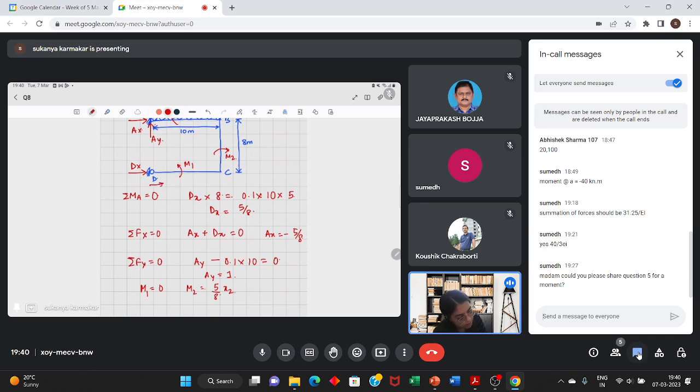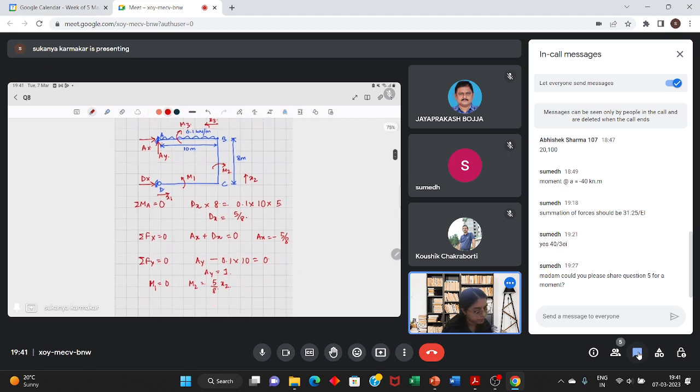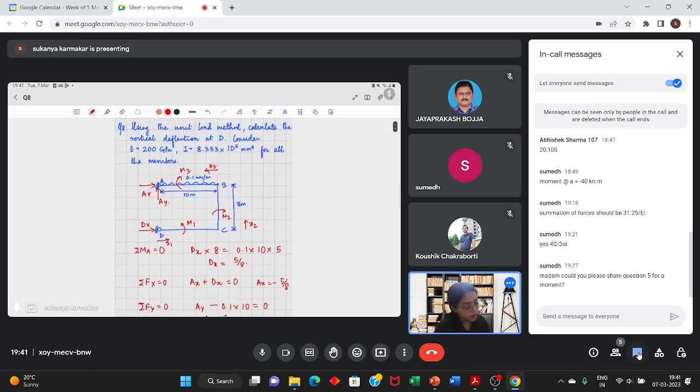See, x1 is from this side, x2 is from this side, and x3 will be from this side. And m3 is equal to, what will m3 be? I'll not write it from this side, x3. I'll take x3 from this side.